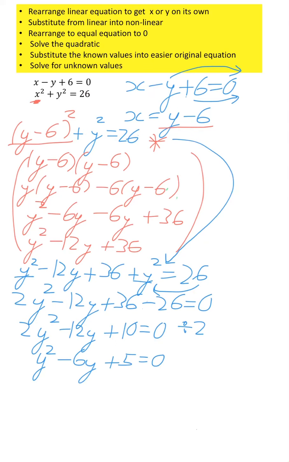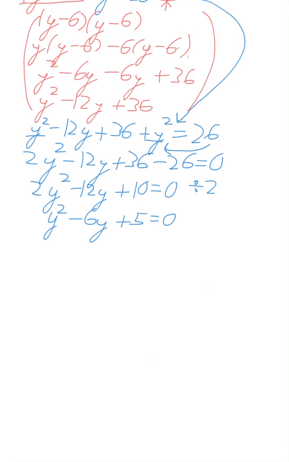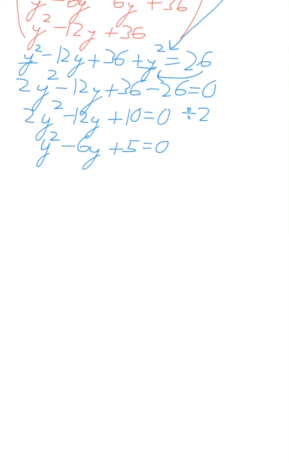So now this is a lot easier to factorize. So let's put the y in brackets. Then the factors of 5, we can only have 1 times 5. We have to get minus 6, so it'll be minus 1 minus 5.